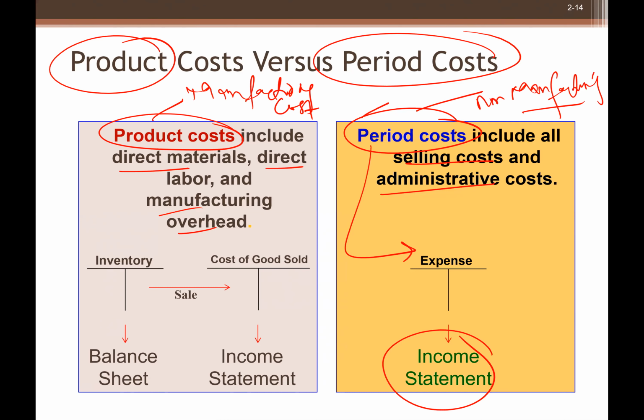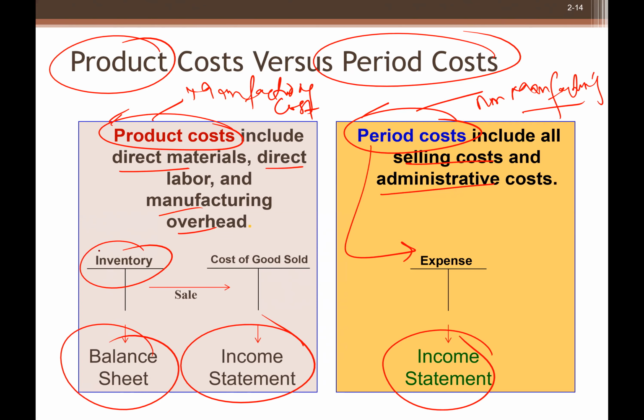So period cost will not show anywhere else except in the income statement, while the product cost shows in both the income statement and balance sheet. In the balance sheet, it appears in the form of inventory. Inventory are those items that we couldn't sell during the period, and if we sell that, it becomes our expense, and we record it on the income statement.